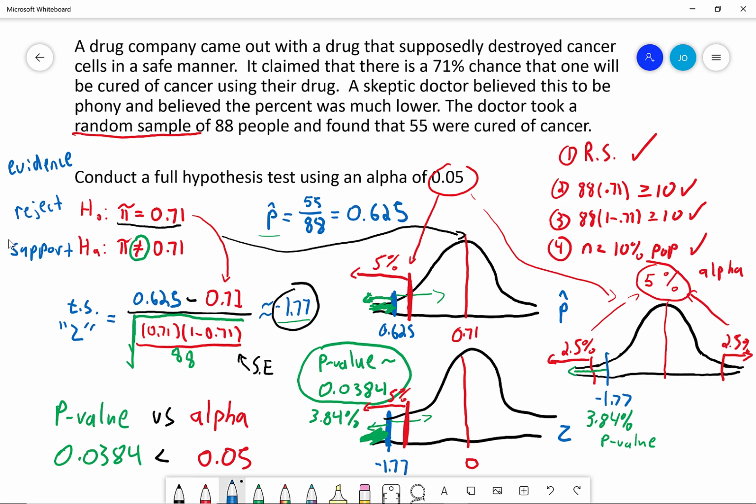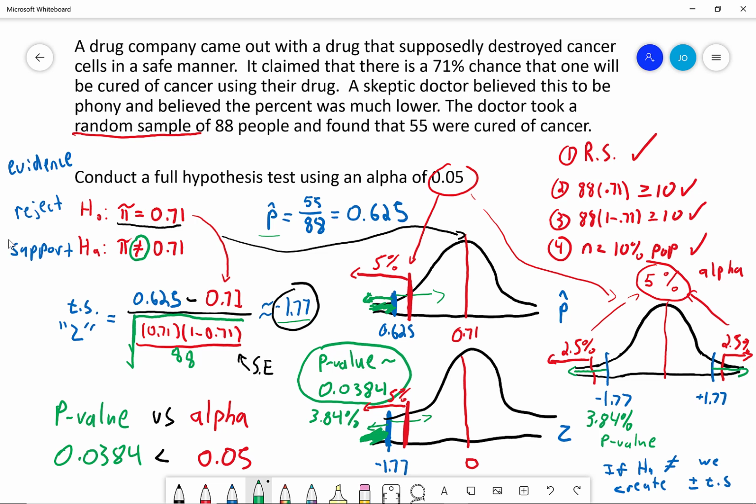To counteract this, what we do is create another test statistic, a positive version of our test statistic. So whenever you have a does not equal to HA, we create a positive and negative version of our test statistic. And we'll look at the more extreme area on both sides: everything less than the negative and everything greater than the positive.